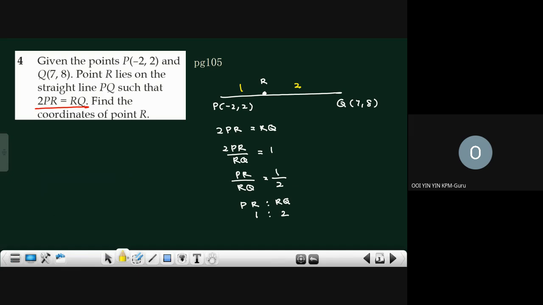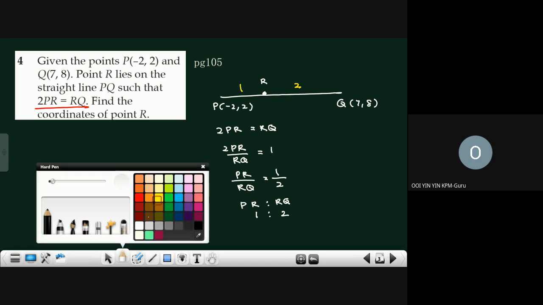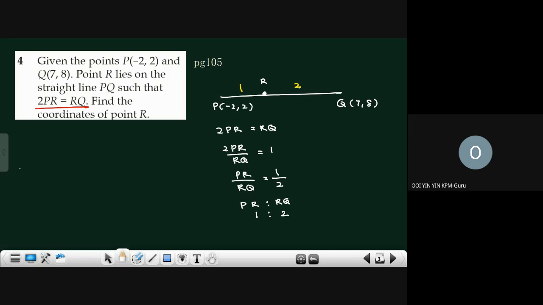Now, like just now, you can find the coordinates for point R as usual. Your x1, y1 is P, and Q is your x2, y2. So your x1 here, you multiply with the ratio 2, so it's 2 times negative 2, and then plus the ratio m which is 1, times your x2, 7.